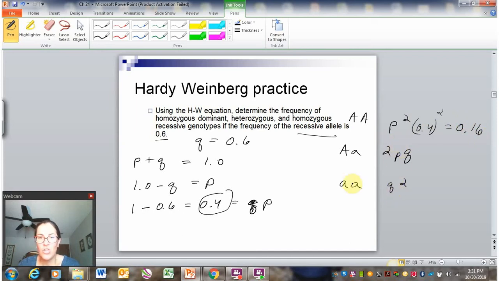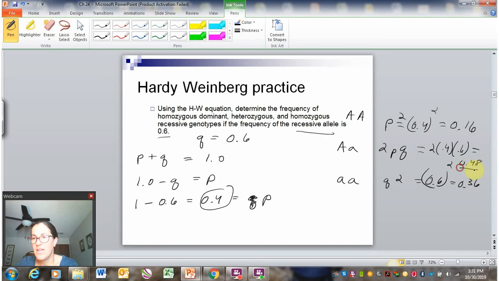And I've got Q. Q is equal to 0.6. So I can take 0.6 and square it, and it's equal to 0.36. And then last one here is the heterozygote, 2 times 0.4 times 0.6, and that is equal to 0.48. And if you add those three numbers up, they add up to 1.0 because, again, you have to reach 100% for your population, right? All of your population is 1.0, okay?